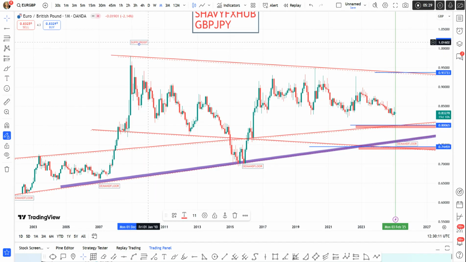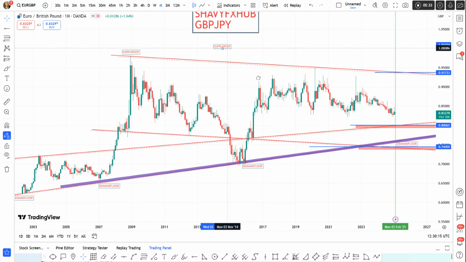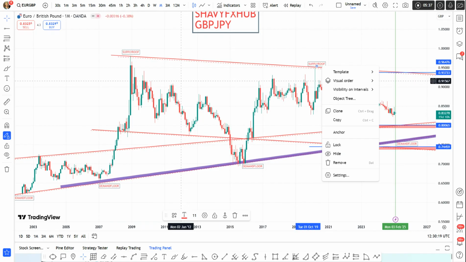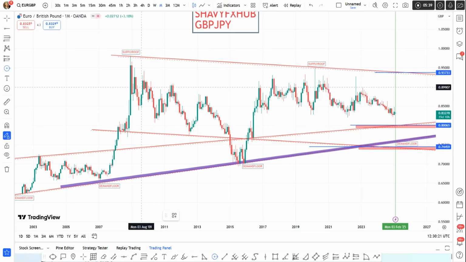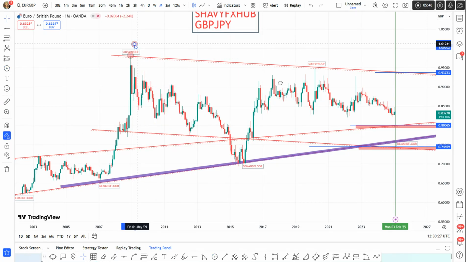This is your supply roof. We have made two touches, with a most powerful weekly rejection at that level, indicating that any time price comes to that level, it's going to end up in a sell. We'll have another push into that structure again.